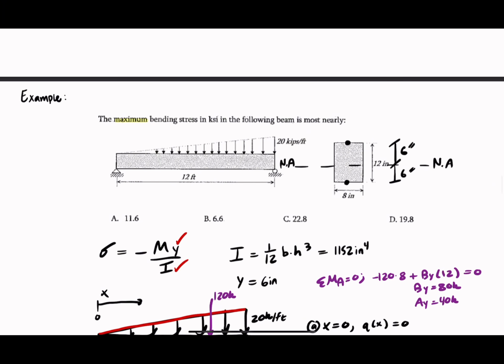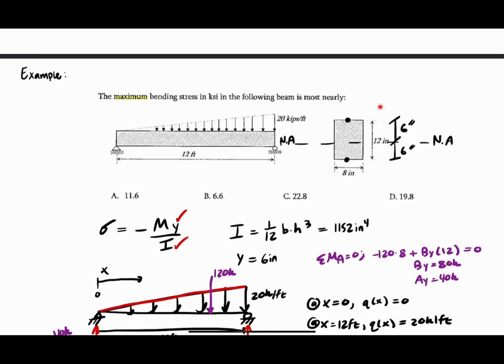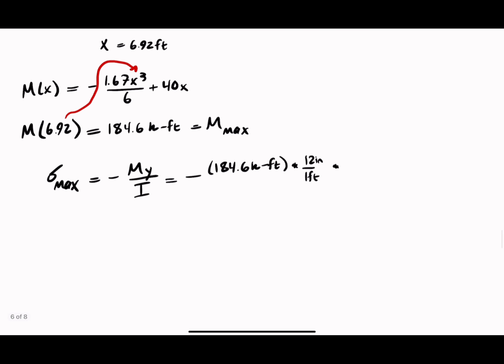It can be positive or negative, but when we're looking at this rectangular cross section, the compressive and the tensile stresses will have the same magnitude. So we don't really even have to worry about the sign convention here, because the positive and the negative will be the same magnitude.